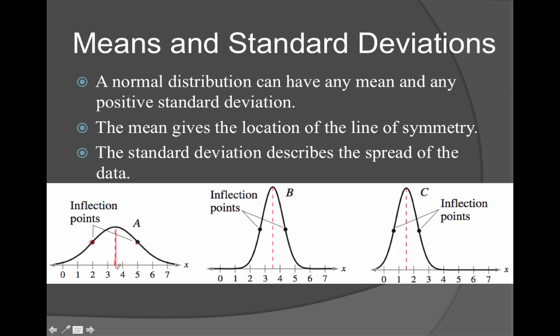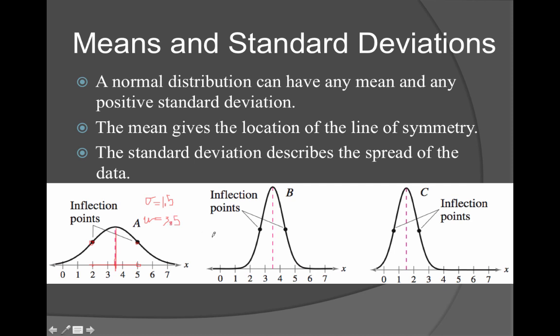So here we can see our mean is about 3.5 and our standard deviation is about 1.5. How am I getting that? Well, I'm moving about 1.5 on my number line to get to this inflection point. So I'm going to say sigma equals 1.5, and our mean was 3.5.